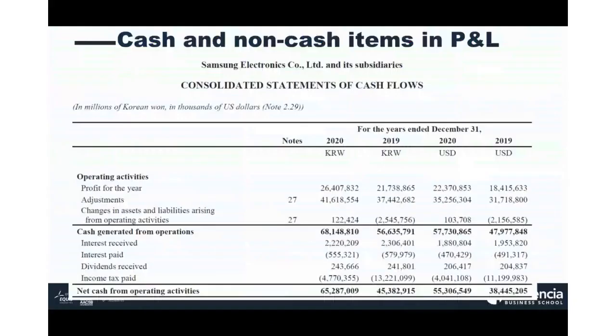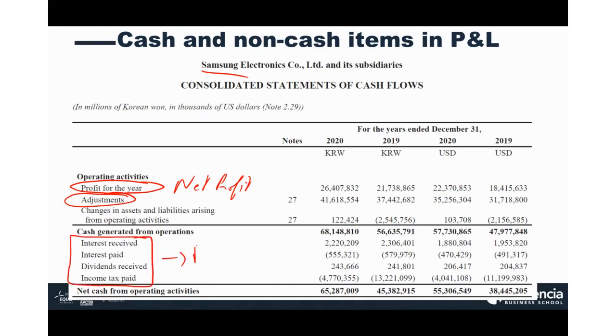So here we can see for Samsung, we start from the net profit. We have adjustments. In these adjustments, we want to show directly after. So here we have the direct cash flow for all this.